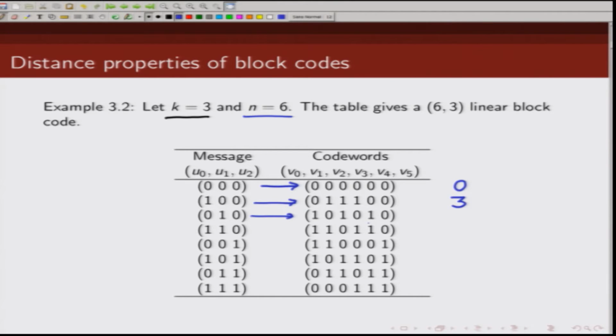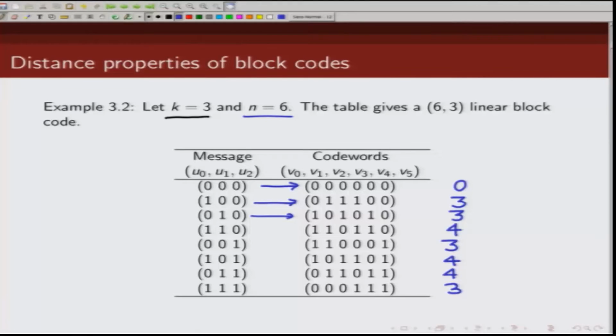This code word has 3 ones, so its Hamming weight is 3. This code word has 4 ones, so the Hamming weight is 4. This code word has 3 ones, so Hamming weight is 3. This one similarly has Hamming weight 4, this one Hamming weight 4, and this one has Hamming weight 3.